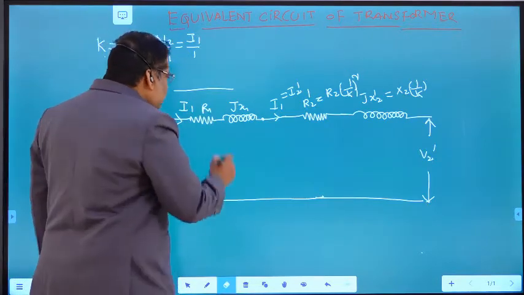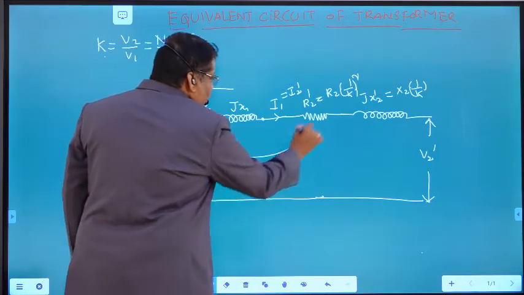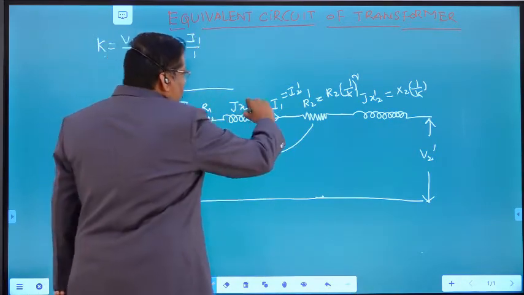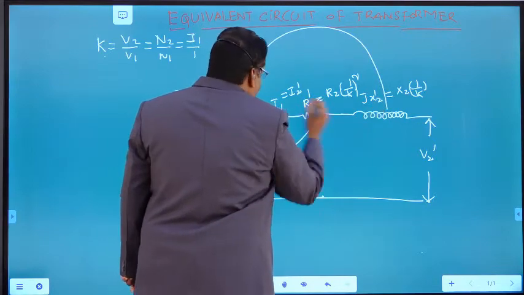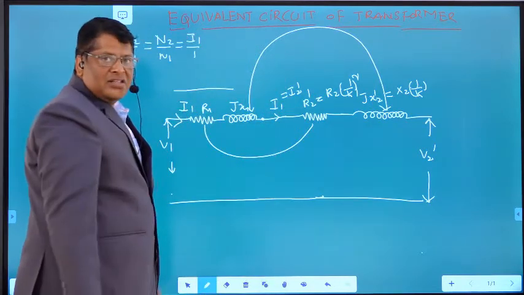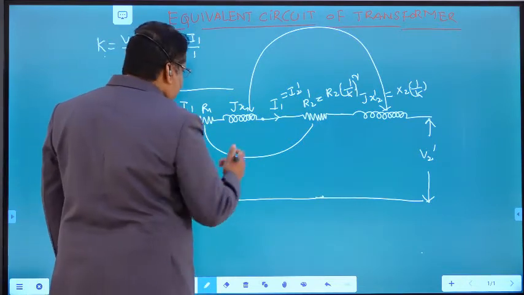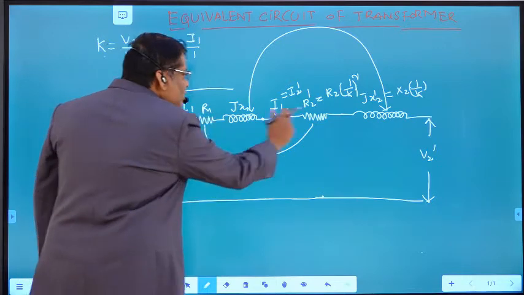We are combining these two resistances as a single resistor, and these two reactances as a single reactance. Now the circuit becomes these two in series.